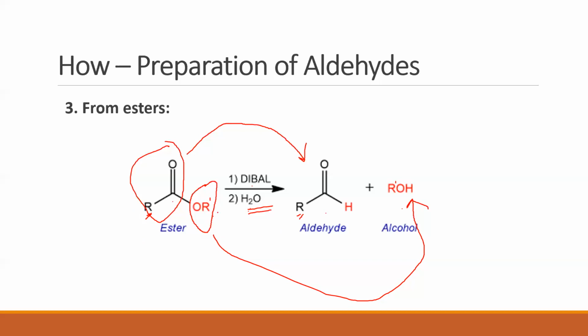For this R' you can take anything. It can be CH3, C2H5, C3H7, your choice. Simplest, we can take it as CH3. So when I take an ester where this is benzene and this is CH3, I get benzaldehyde and methanol. These are the two compounds that are obtained starting from an ester. Clear?